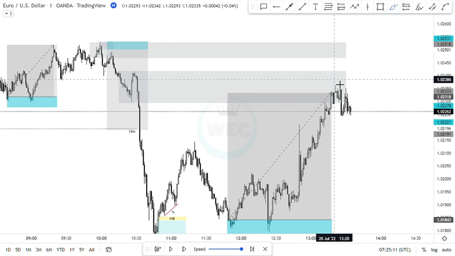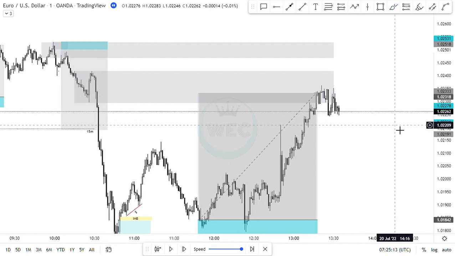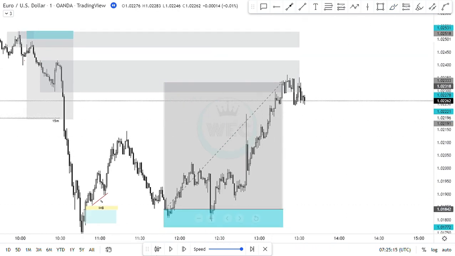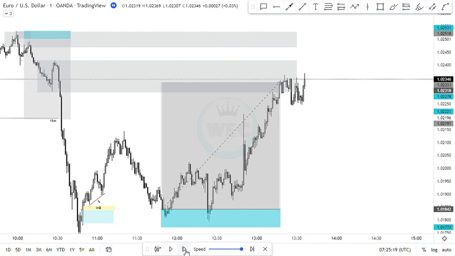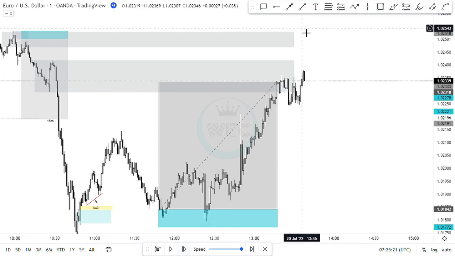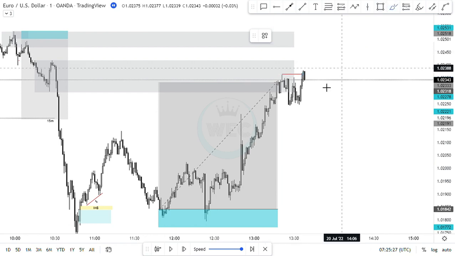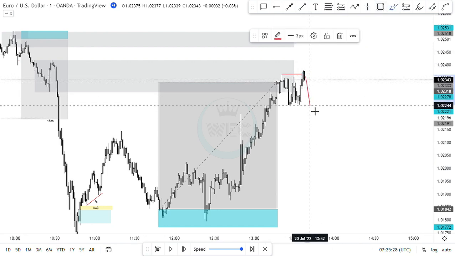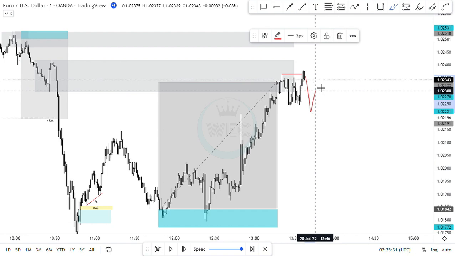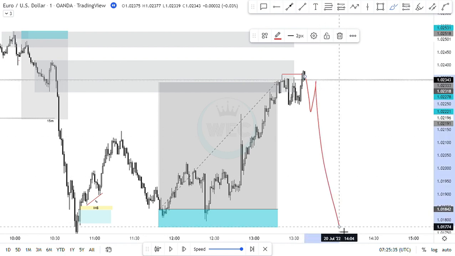Not always though, but most of the times. So I decided to wait for price to give me that further confirmation. Okay, so real quick, what do I see? I see this high taken out like this, and after this I knew that I just need to wait for price to give me that break of structure, and I can just take my entry or my sells on the retracement to the downside. But let's see what price did.